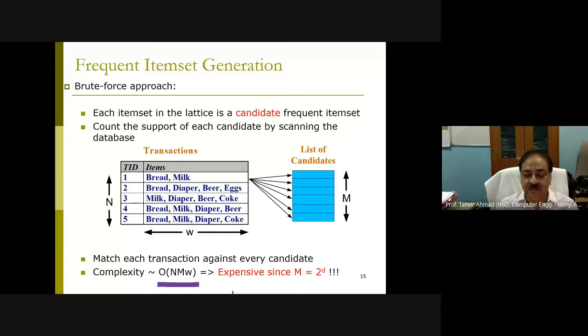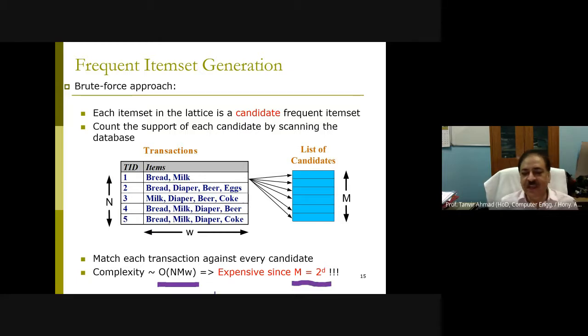So, what are the maximum number of items in any transaction? Here W is equal to 4 because the maximum length of any transaction is 4, and M is the number of candidates, and therefore it is nothing but N into M into W. But M is 2 to the power D, as already discussed in the last slide.